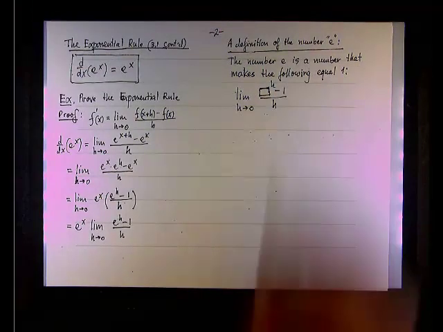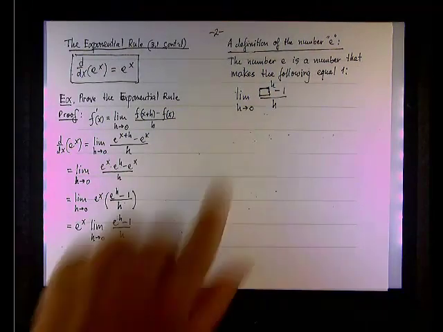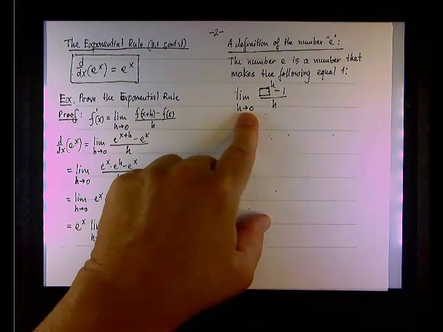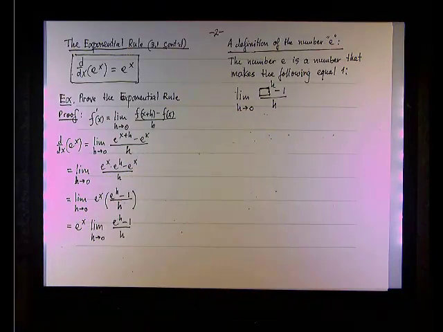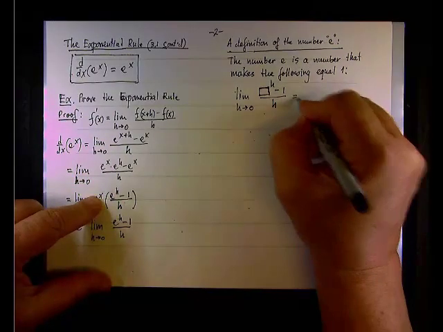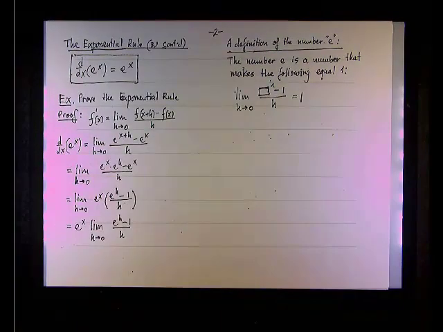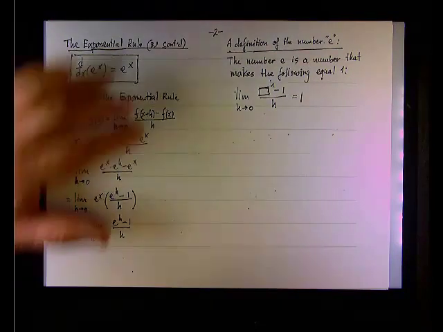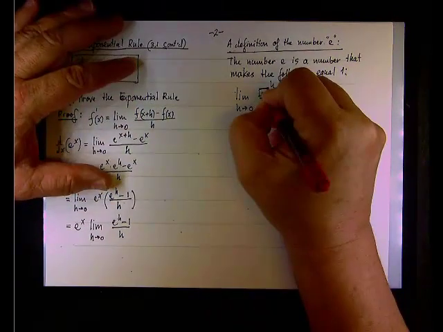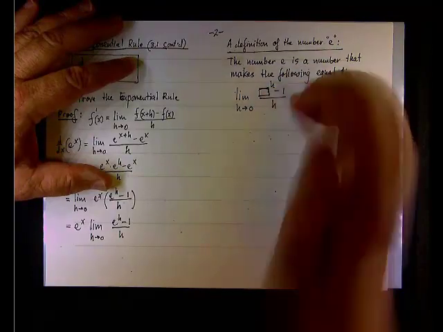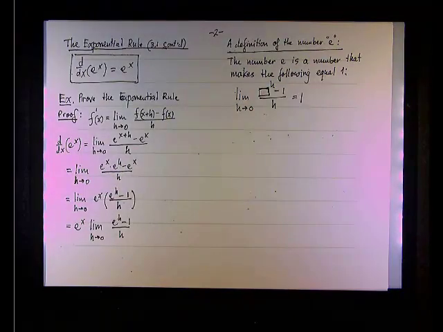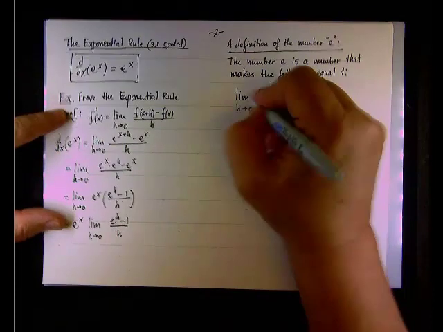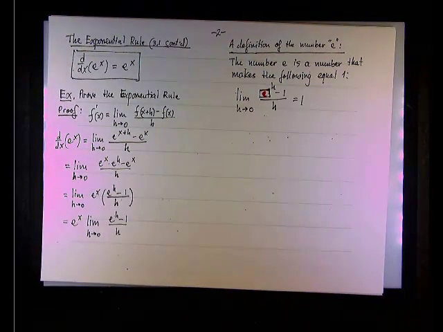Okay? If you take all kinds of numbers and you check the limit as h goes to 0, you can start by taking 1 and then 2 and then 3, and you want this limit to equal 1, then it turns out the number that will do the trick for you is the number e. If you stick e in there, then that will be it.